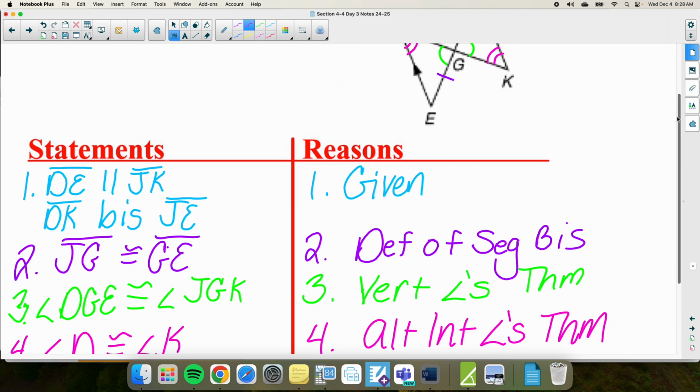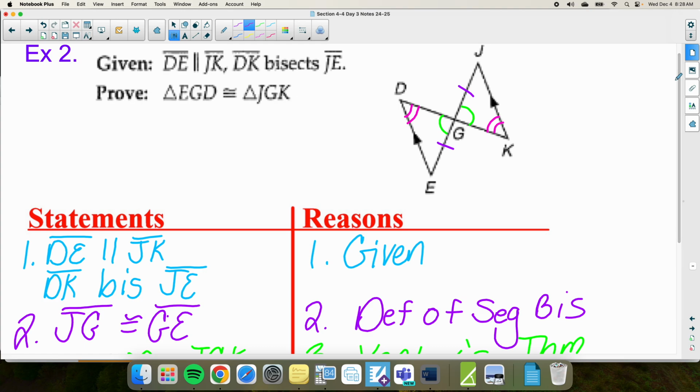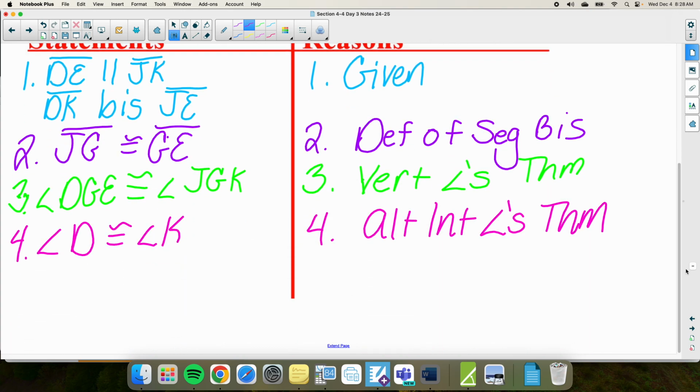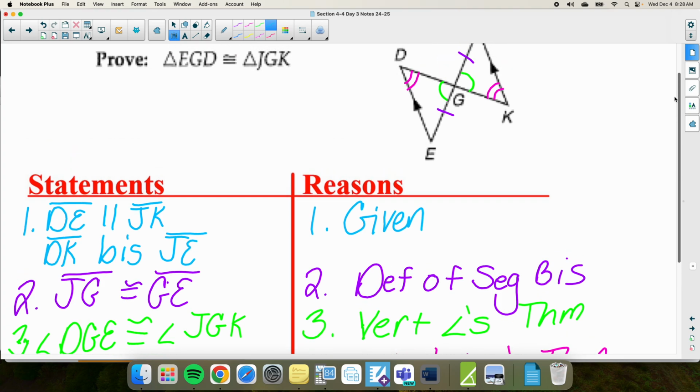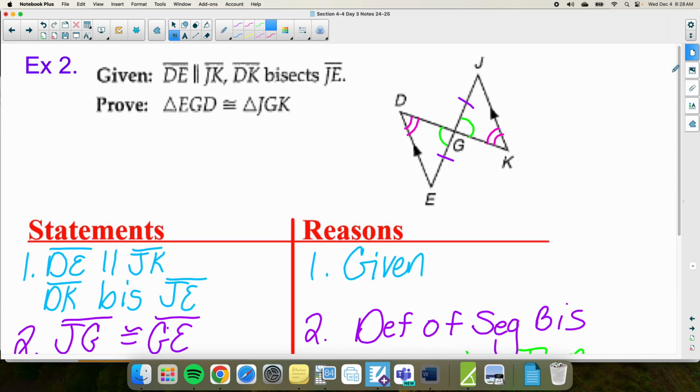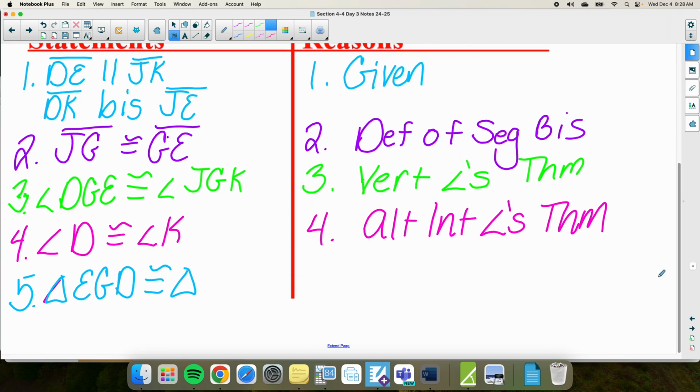Okay, now we have three things, so we're ready to say that the two triangles are congruent. So I'm going to say triangle EGD is congruent to triangle JGK.